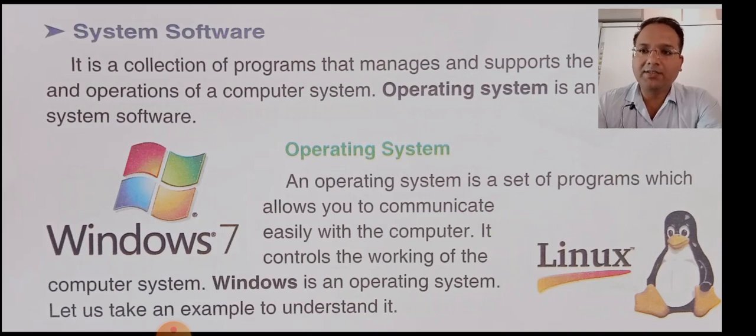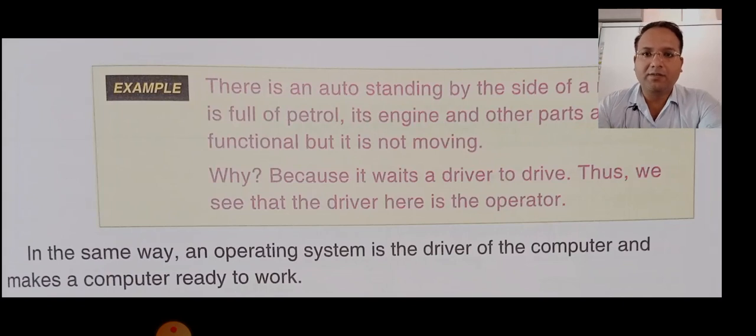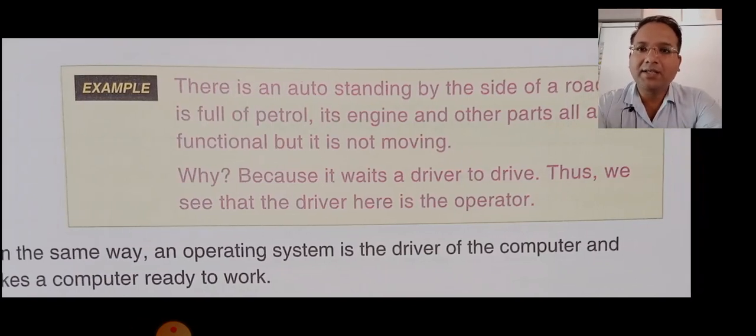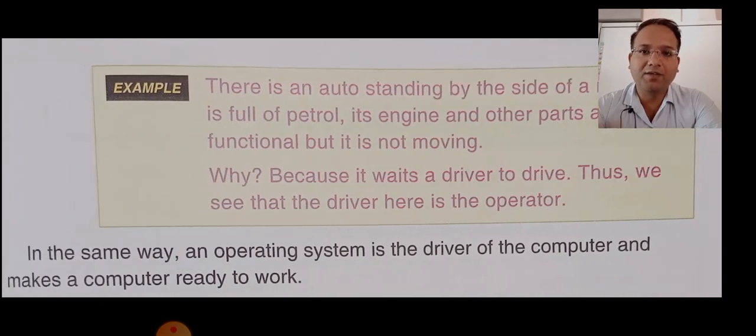Let us take an example to understand it. Suppose there is an auto standing by the side of a road. It is full of petrol. Its engine and other parts are all functional, but it is not moving. Why? Because it waits for a driver to drive.